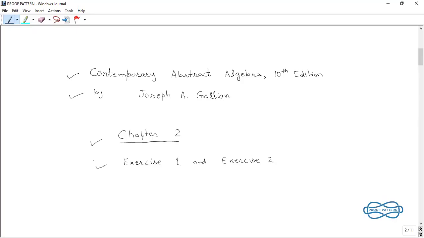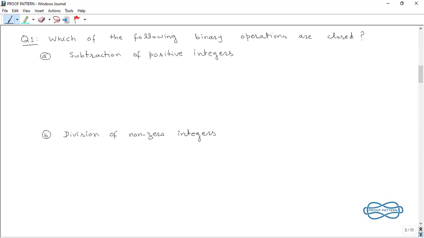Okay, we start with question 1. Question 1 is, which of the following binary operations are closed?